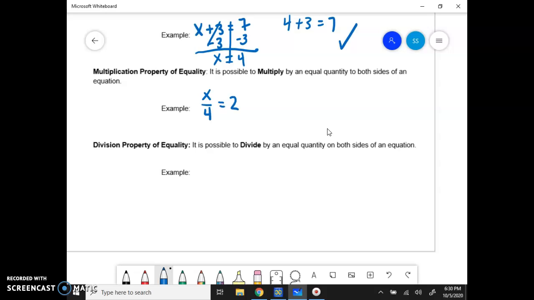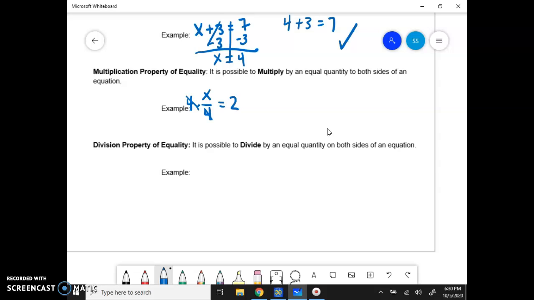We can multiply on both sides of an equality and get an equivalent equation. So if we multiply by 4, and this is probably the one that is most confusing to students, this will cancel out, and you'll be just left with x.